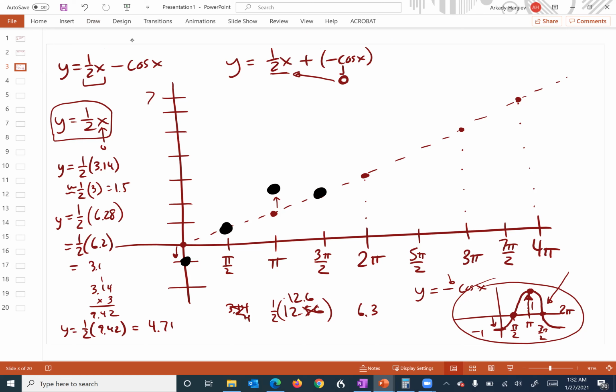And then what happens at 2 pi? 2 pi goes way back down. It's a -1 from the x-axis, right? So whatever that 1/2 x did, we're going to go down 1 from it. So let's see, right here we're at 3.14. So now we're going to go back down to 2.14.